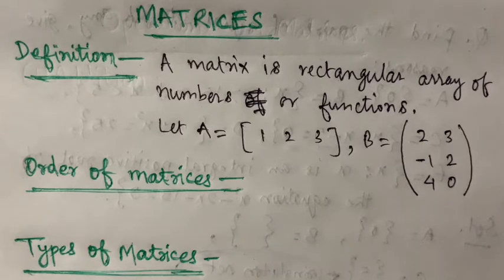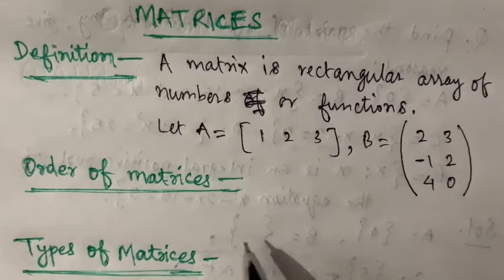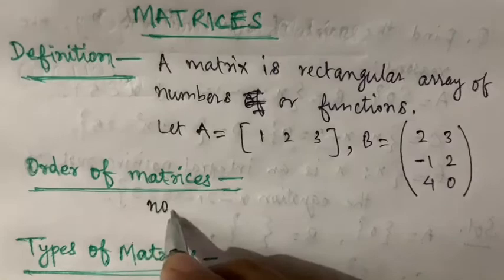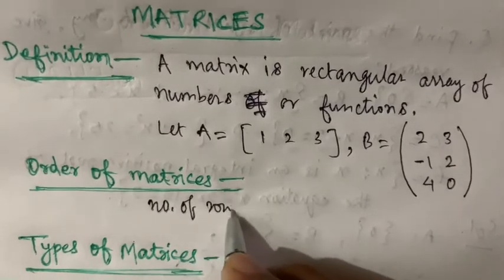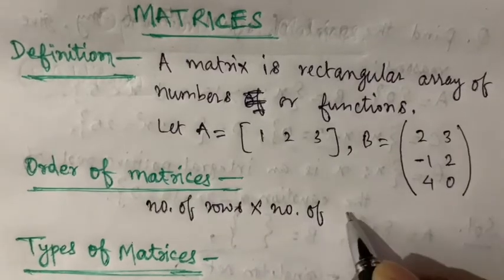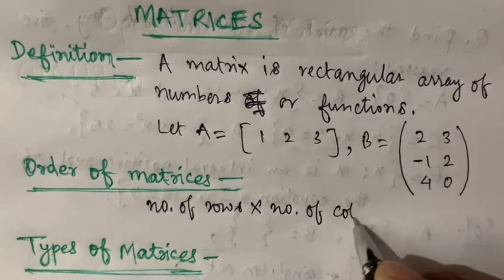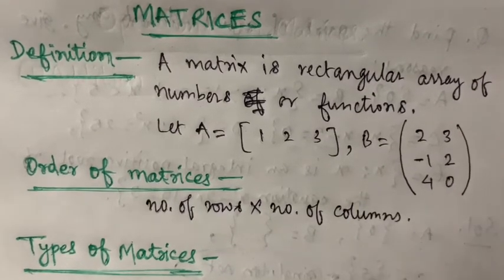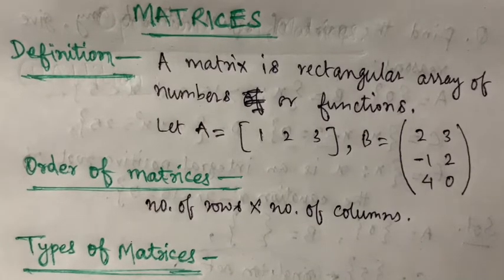Then the next topic was order of matrices. Order of matrices was represented by number of rows by number of columns. And the total number of elements in a matrix was directly related to the order.